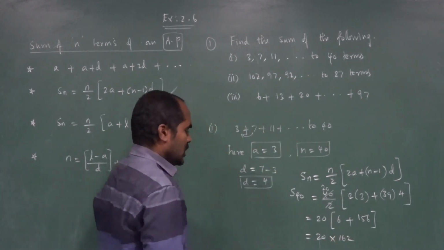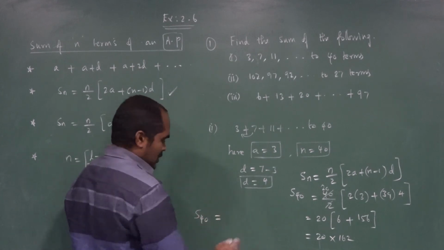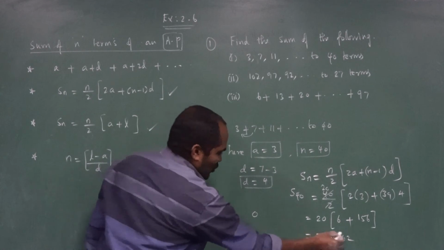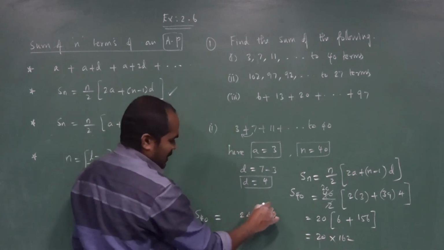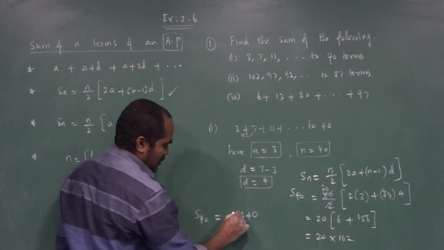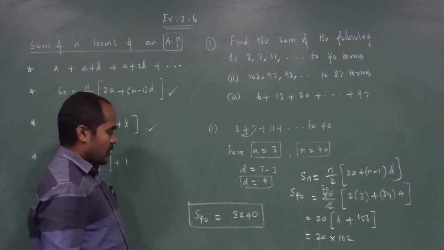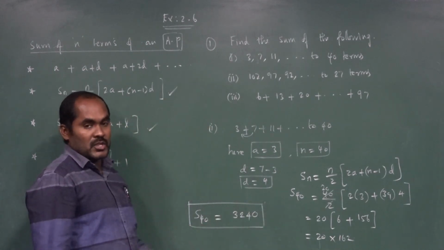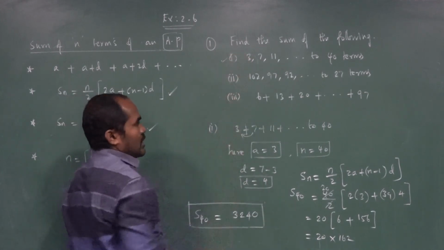So 20 into 162, that is S40. 2 2s are 4. 2 6s are 12, remaining 1. 2 1s are 2, 2 plus 1 is 3. So 3240. So the sum of 40 terms is 3240. This is our first question answer.